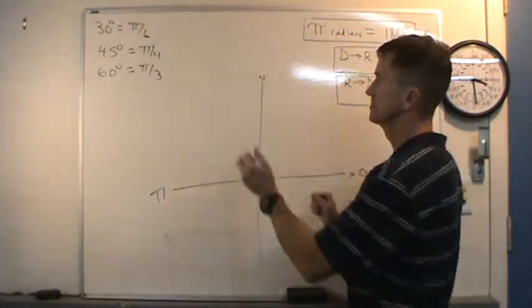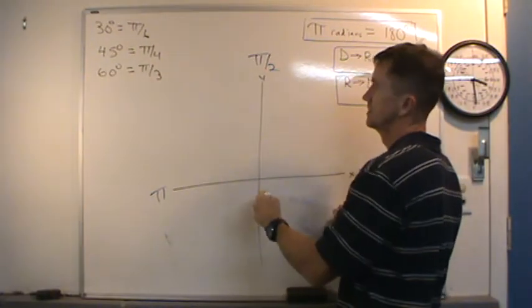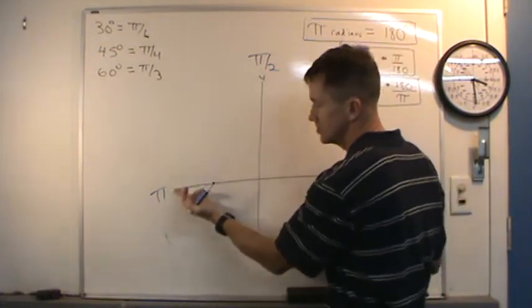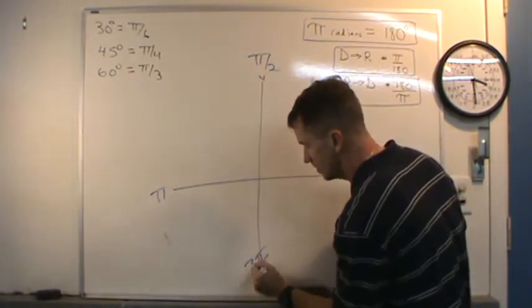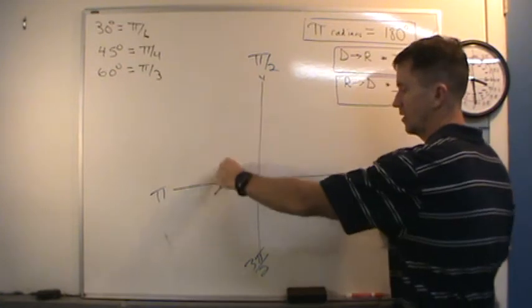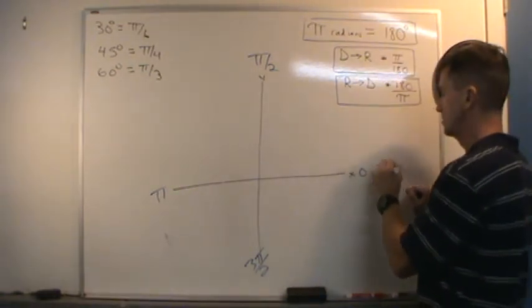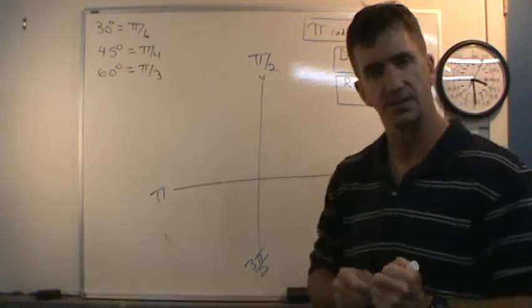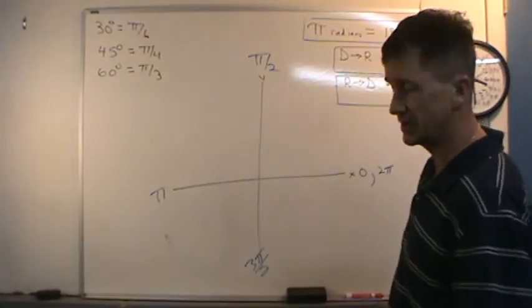What's half of this? Half a pi, that would be here, 90 degrees. So 1 pi over 2, 2 pi's over 2, 3 pi's over 2. If an angle rotates all the way around, it would be 4 pi's over 2, which is 2 pi radians.